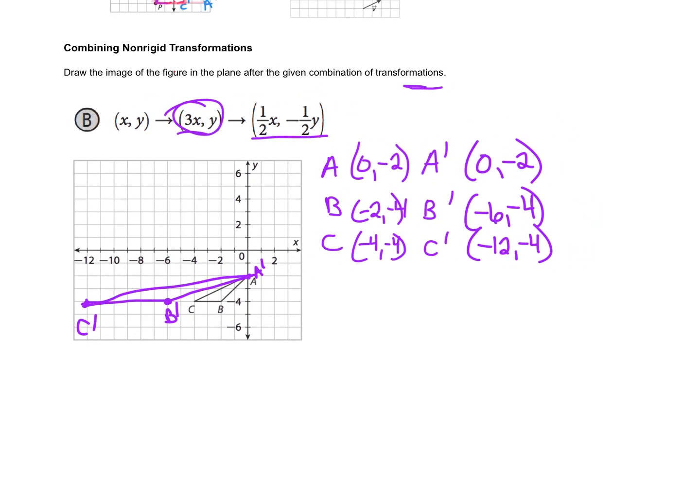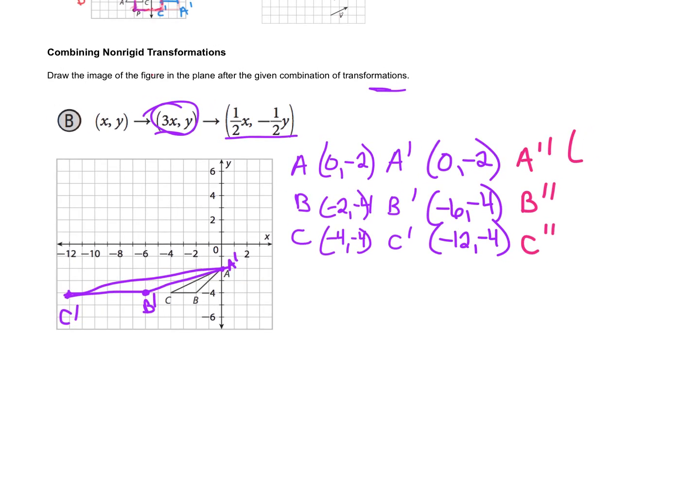Now, for the next transformation, I'm going to divide by 2, and I'm going to do all my x's first. So 0 divided by 2, or 0 times 1/2 is 0. -6 divided by 2 is -3. And -12 divided by 2 is -6.